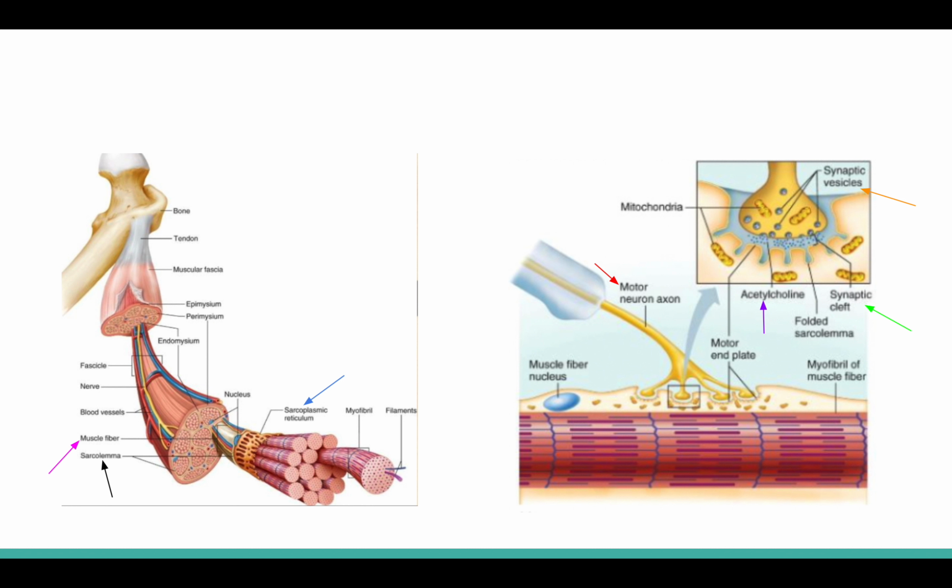Before we dig into the sliding filament theory, I figure we should talk about how a muscle actually contracts and the process that occurs. You can see in the image on the left where we are actually looking on a muscle. So this is going to be in the sarcolemma or sarcoplasmic reticulum, pretty much.